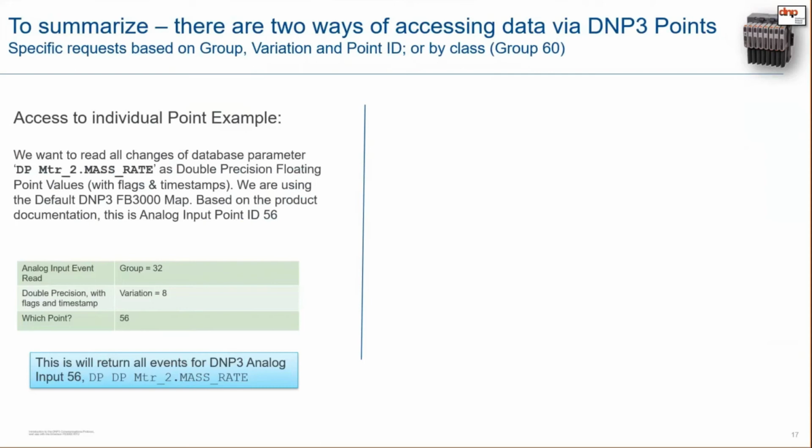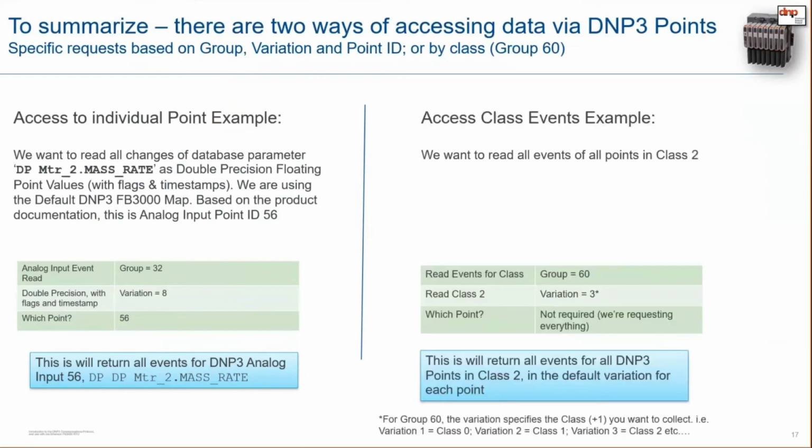If you wanted those returned as double precision floating point numbers with a flag and with timestamps, you use variation 8. And the point you might want is point 56. That example would give you all events that have occurred for analog input number 56, which I'll tell you is the second meter's mass flow rate. So that's how to access points, and the DNP3 protocol requests lists of points in any message like that.